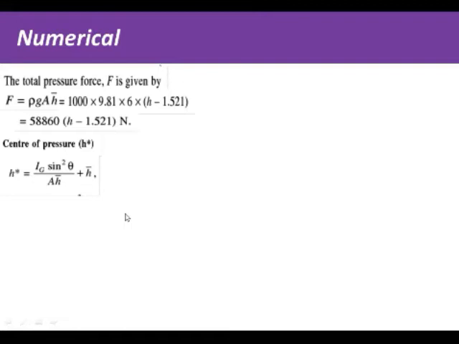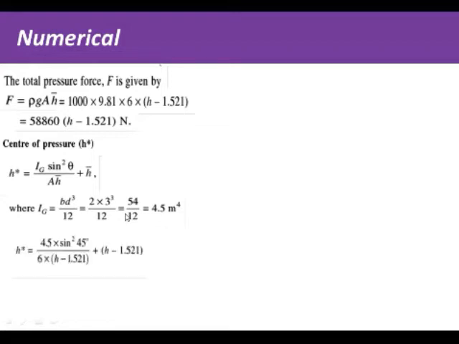Here theta is already given as 45 degree, and Ig for this rectangular plate is BD cube upon 12, so 2 into 3 cube upon 12. It will come out to be 4.5 meter to the power 4. So put this value in the above equation.